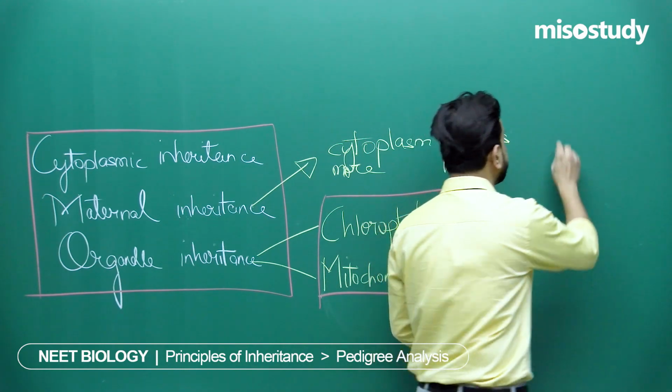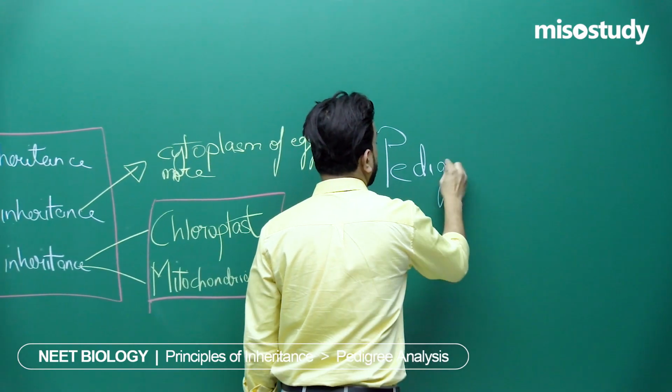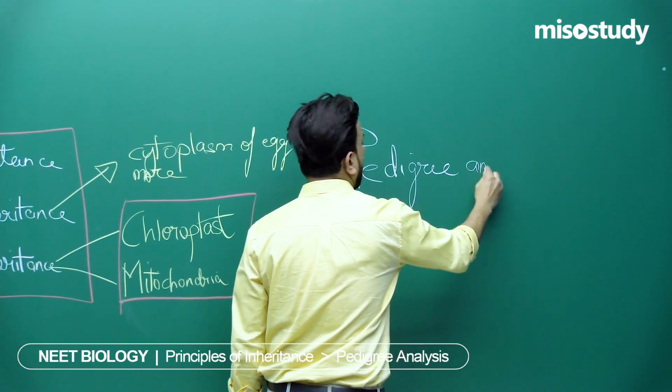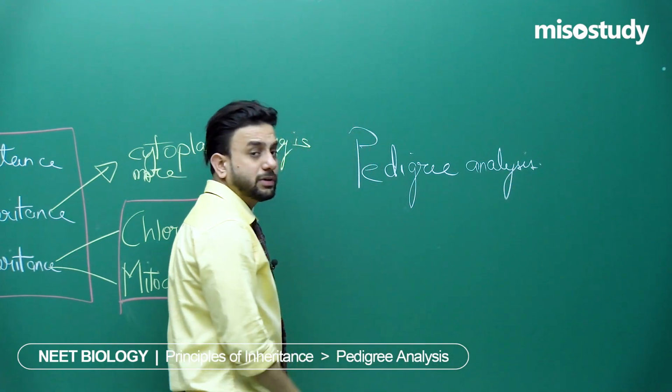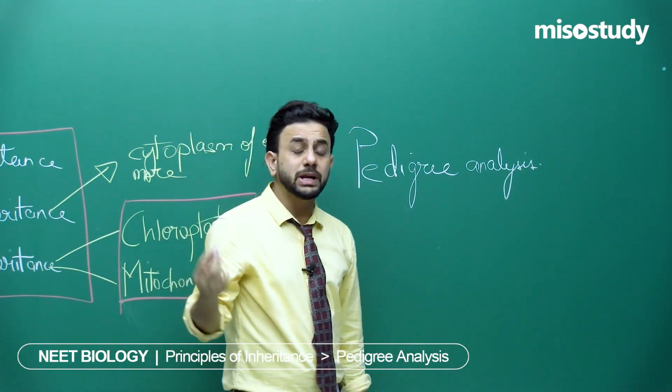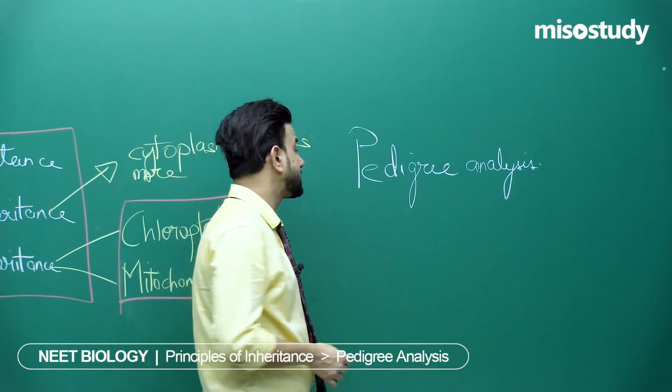Friends, after that we started talking about the pedigree analysis. You remember? We started talking about the pedigree analysis, and what did we discuss here? We discussed here that even the human inheritance is related to that of the Mendelian inheritance, right?